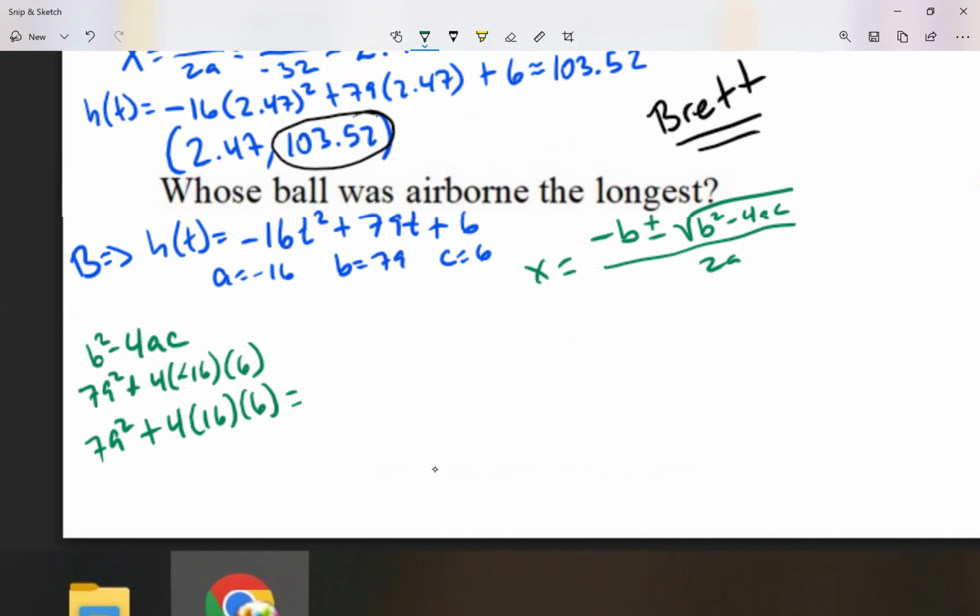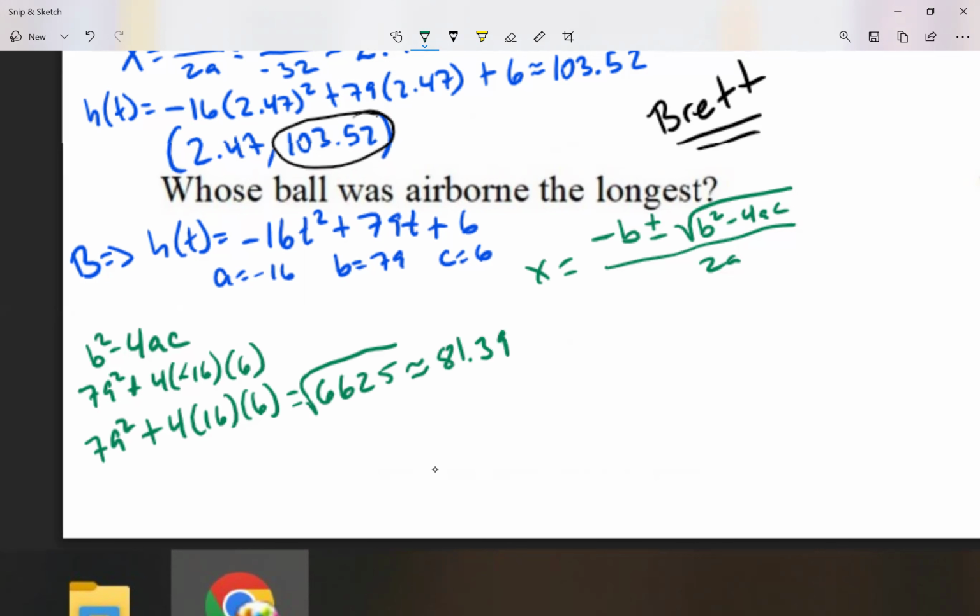We can figure this out. And it gives me 6,625. And then I'm going to get the square root of that. It gives me a long, long decimal, so I'm going to round this to 81.39.